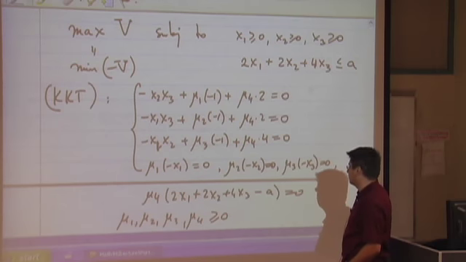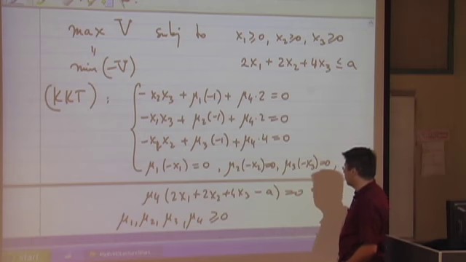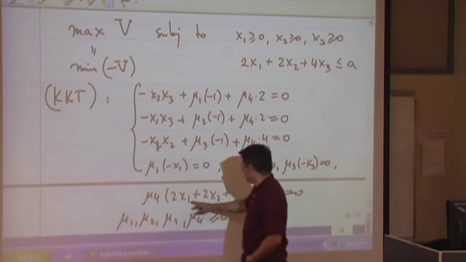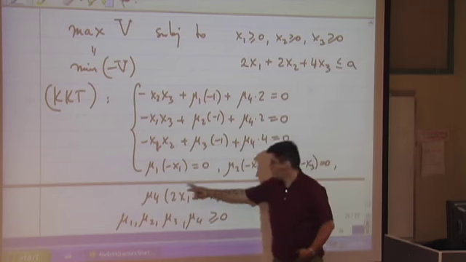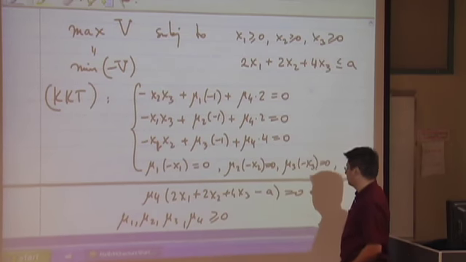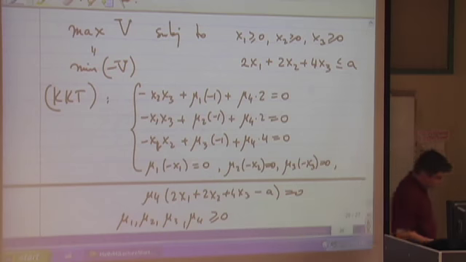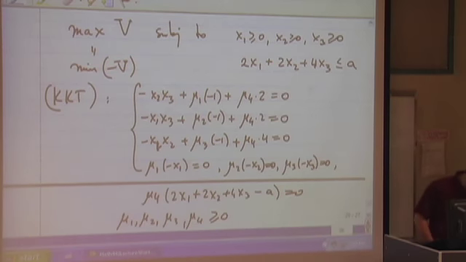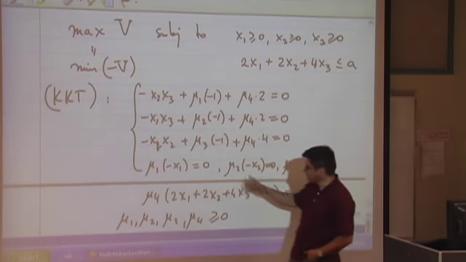And then he basically says that this expression cannot be 0. Why? Then it finds mu4 in terms of the product x1 times x2 times x3.